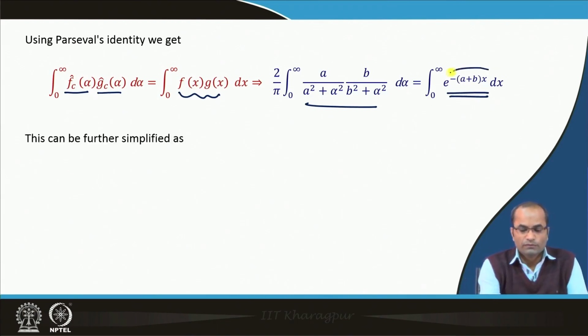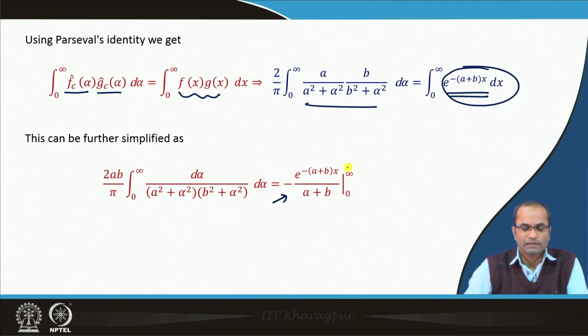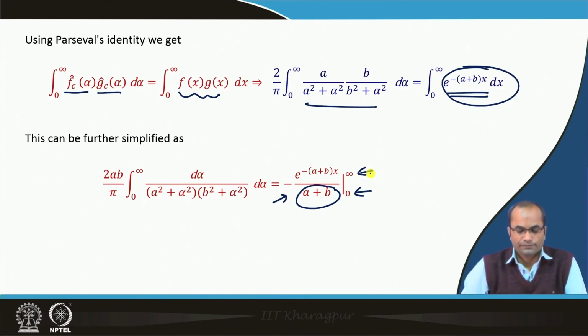So, now e power minus a plus b x, the integration will give e power minus a plus b x over a plus b, and then the limits we have 0 and infinity.